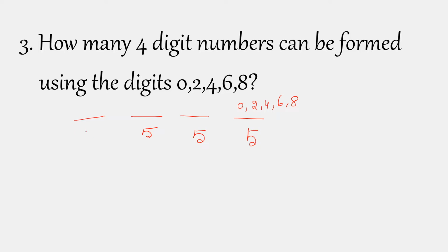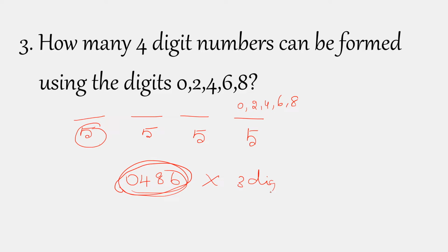Coming to the first digit, if I write 5 options here, what will happen? If I write 0 in the first digit, is it a 4-digit number? No, it will become a 3-digit number. So for filling up the first digit, I cannot use 0.